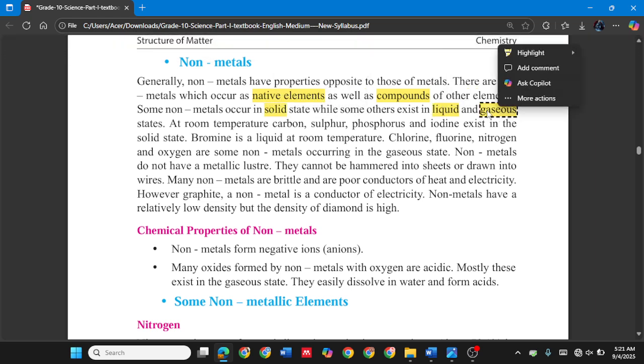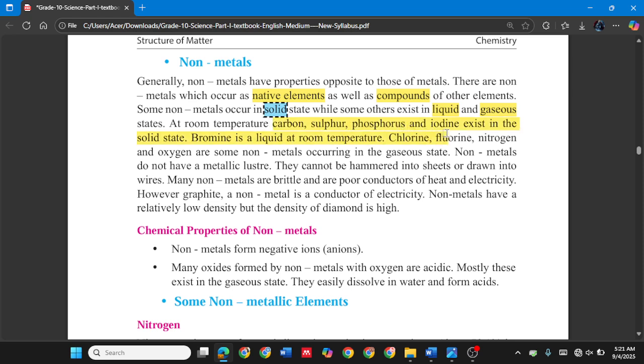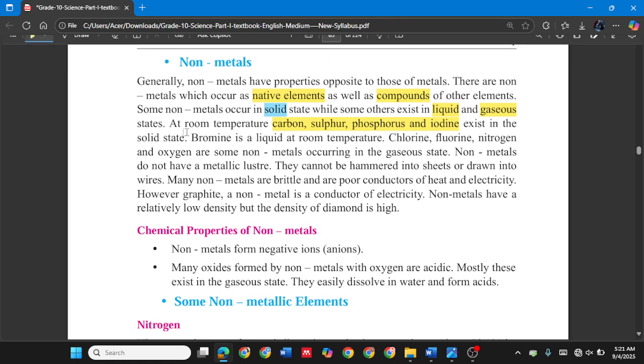And gaseous states. At room temperature, carbon, sulfur, phosphorus and iodine exist in the solid state. So they have given examples. Carbon, sulfur, phosphorus and iodine exist as solids. Bromine is a liquid.